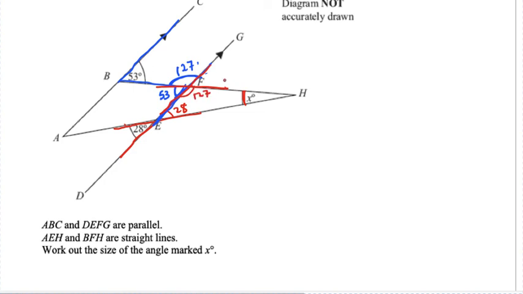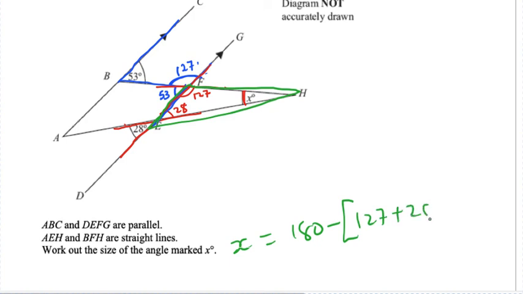And being 127, you can see that this here forms a triangle. So x is 180 minus 127 plus 28. 127 plus 28 is 155, and when we take it from 180, x becomes 25 degrees.